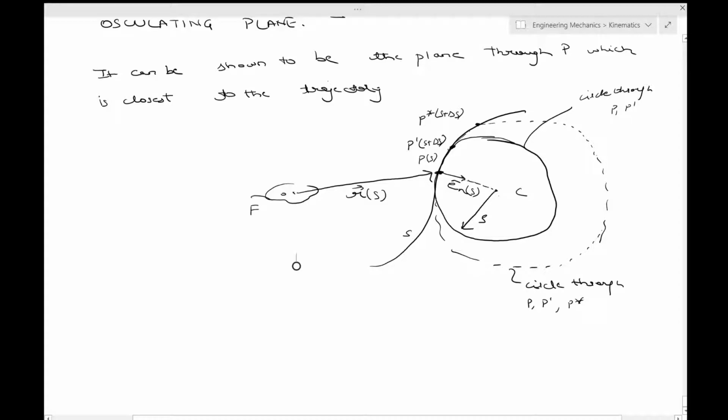So let's see. Consider another point P star at S plus delta S1, and P dash is clearly at S plus delta S. A unique circle passes through P, P dash and P star.